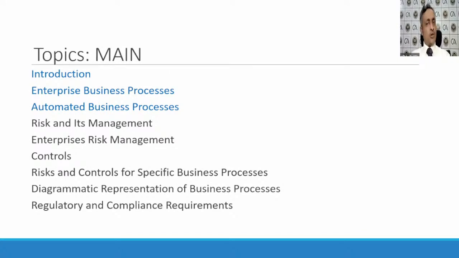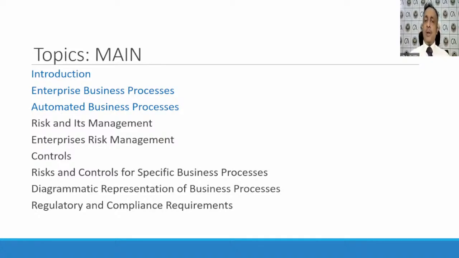Whenever you say automation, that means there is a process that exists. And when you go for automation, what you are looking at is integrating the various functions, departments, subsystems, one system to another system. So that integration plays a key role whenever we talk about business process automation.